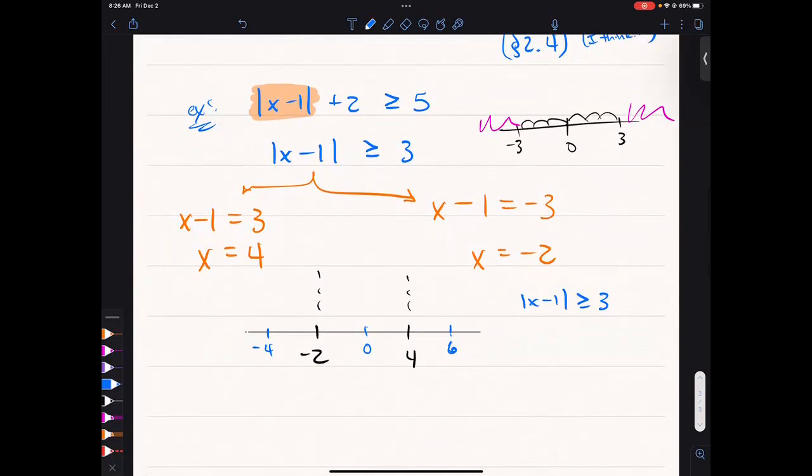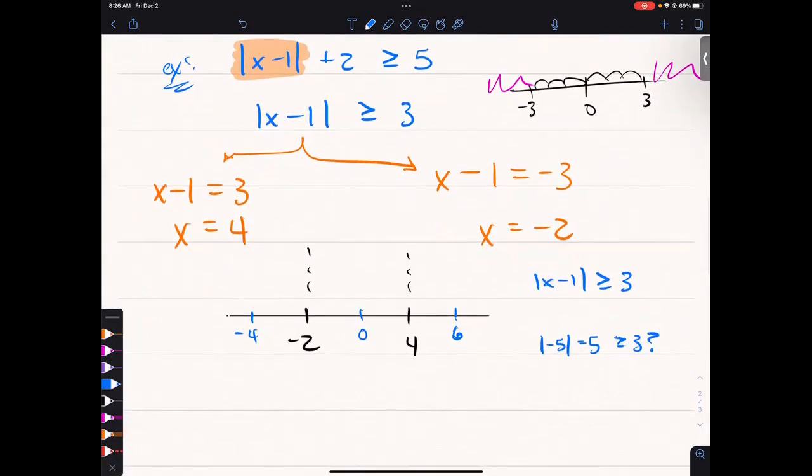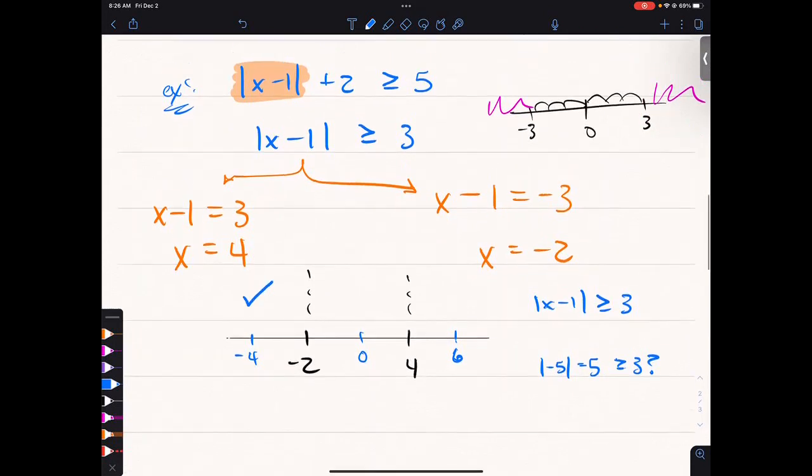So if I plug negative 4 into that, I get the absolute value of negative 5, which is 5. Is 5 bigger than or equal to 3? Yes. So this inequality is true there, right? If it's true for negative 4, it's going to be true for anything out there, because by solving the equation, I figured out the only places that it changes, right?